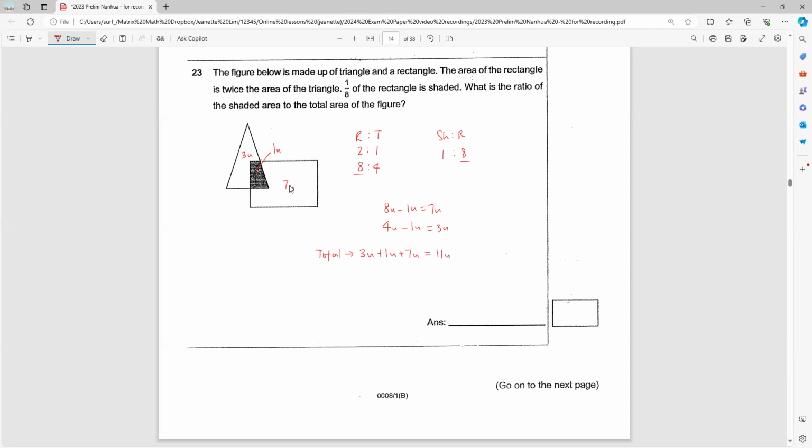That's 11 units. So shaded to total is 1 to 11. Okay, a common error is that students will take the rectangle plus triangle to find the total, which is not correct, because there is an overlapping part, one overlapping part.